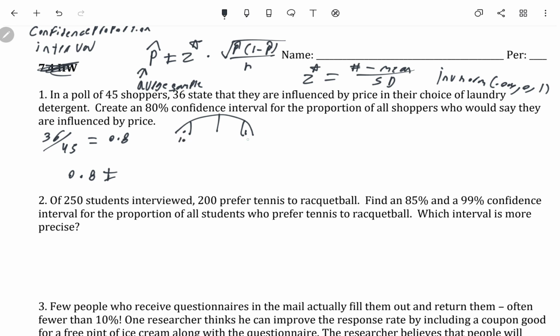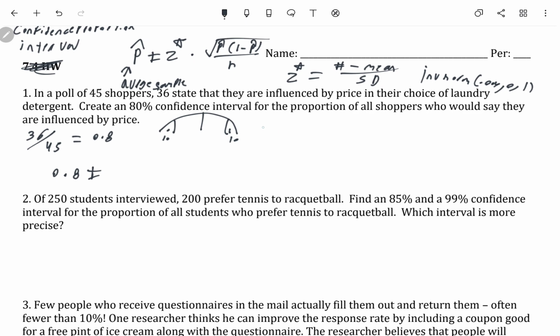So this would be 10% on this side, 10% on this side, and these would be 0.1. So here, we can draw it.